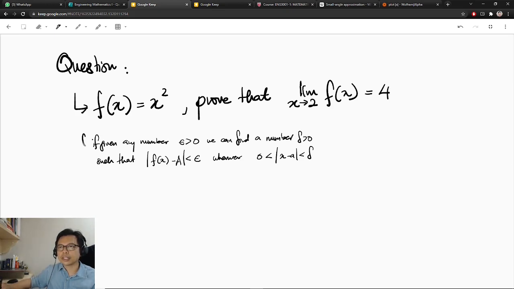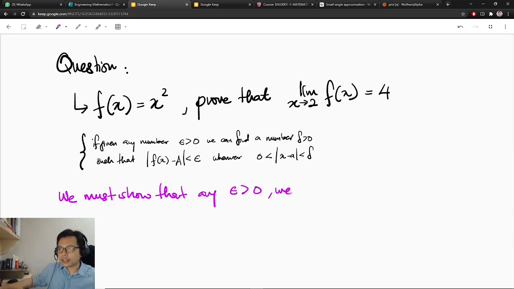Okay, but we are using this idea right here. So what we must show is that for any positive number, we can find another positive number.